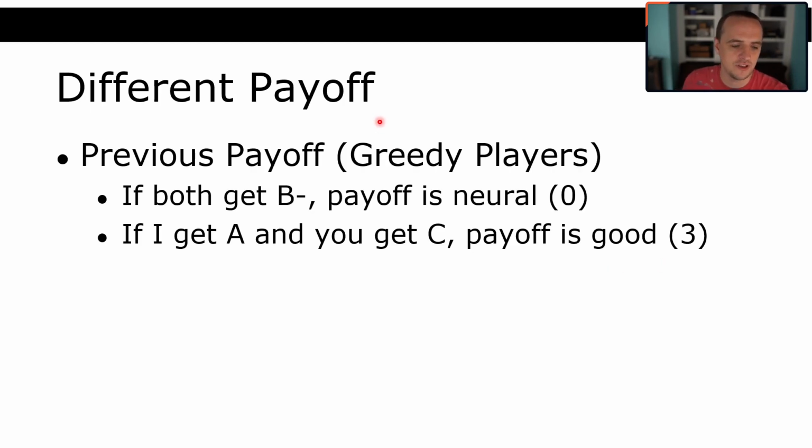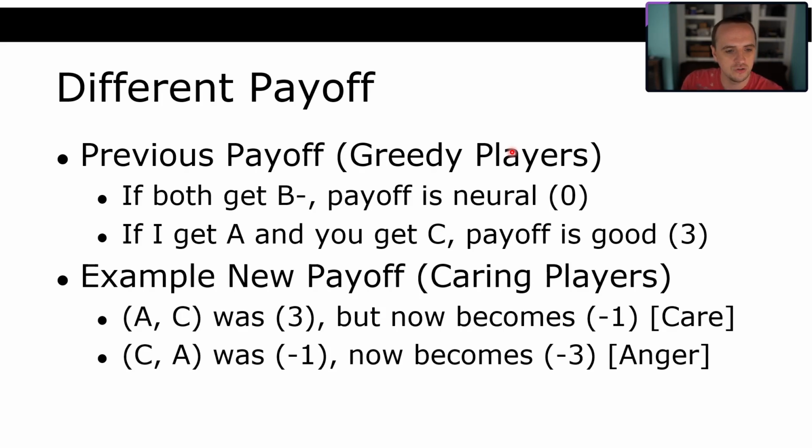So in the previous payoff matrix, we just had greedy players. So if they both got a B-, it was neutral. If I got an A and you got a C, I don't care about you. I got my A. Screw off, right? Let's now introduce caring players. So if I get an A and you get a C, that was a 3 because I only care about me.